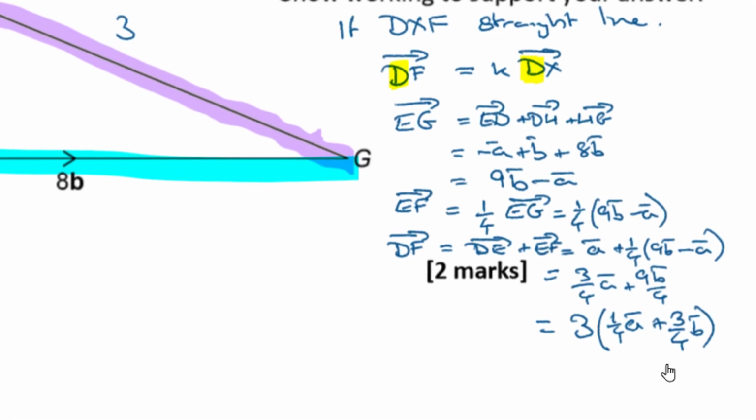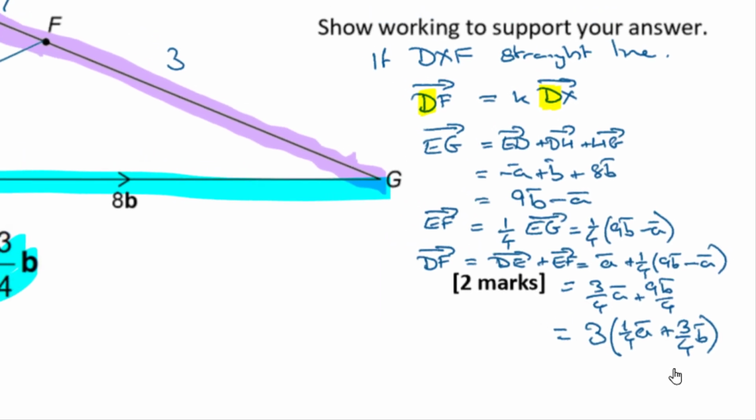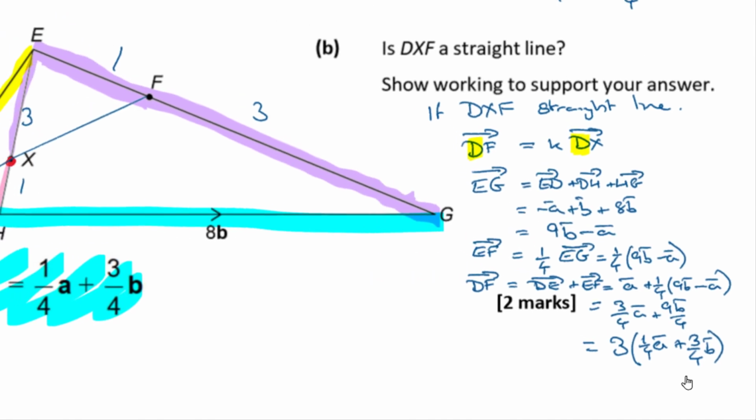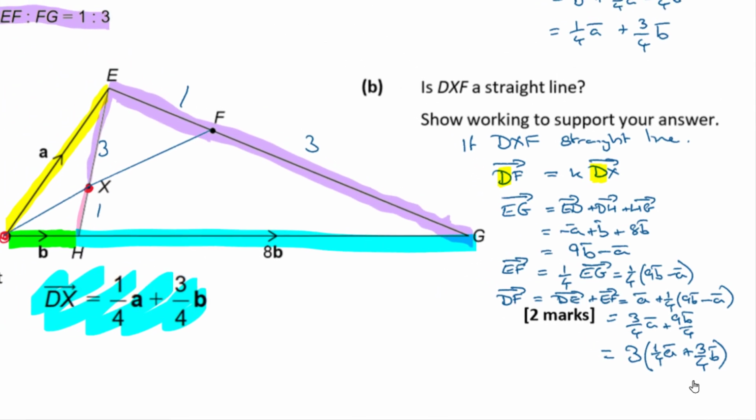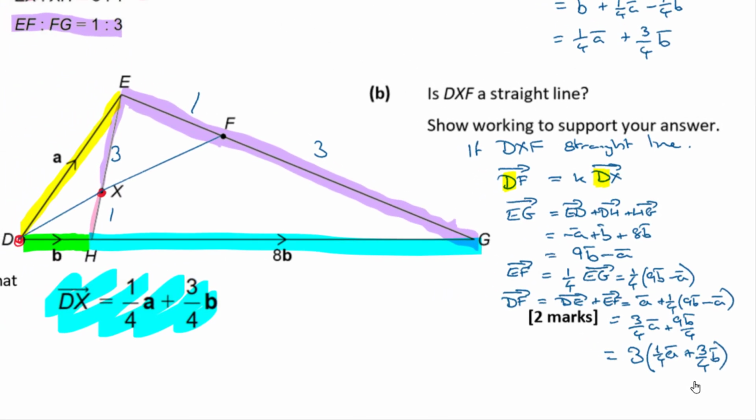Now you might wonder why I just factored 3 out and not 3/4, because a 4 could come out as well. But I'm using the fact that a quarter a plus 3/4 of b, if you remember, is my vector dx, isn't it? So I can then say that d to f is 3 lots of the vector d to x, which is what I wanted to show, wasn't it?